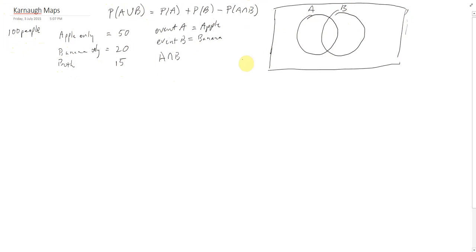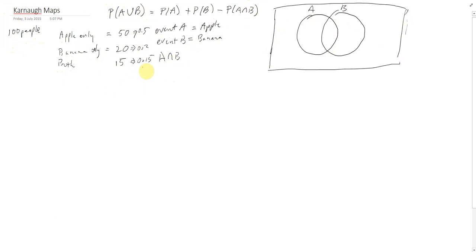Okay, apple and banana. Now, 15 out of 100 people have had both. So let's just quickly work these into probabilities. If this is 50 out of 100, that's going to be a probability of 0.5. 20 out of 100, that would be a 0.2. And 15, that would be a 0.15.